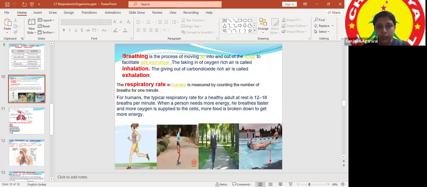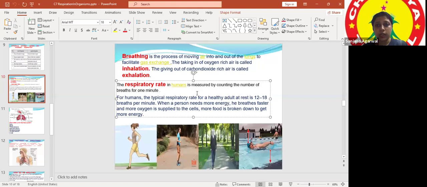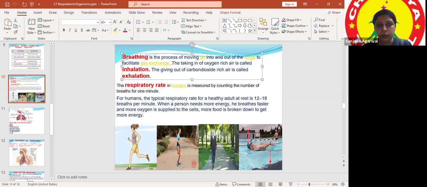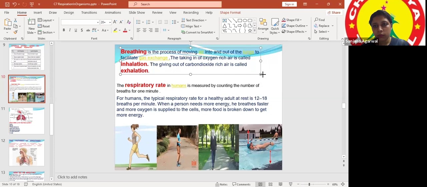First, you write down this basic about breathing. Breathing is a process of moving air into and out of the lungs to facilitate gas exchange. This will be the general point. Breathing. Keep noting, everyone.